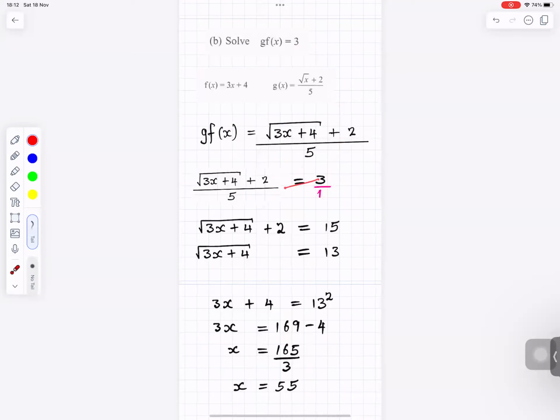So 3 times 5 is 15, and then 1 times that top expression. So you will have that equals to 15. Now plus 2 goes to the right. It becomes 15 minus 2. It equals 13. Get rid of the square root by squaring 13. 13 squared is 169. And then plus 4 goes to the right. 169 minus 4 is 165. And then it's times 3. It becomes divided by 3. 165 divided by 3, it gives you 55.